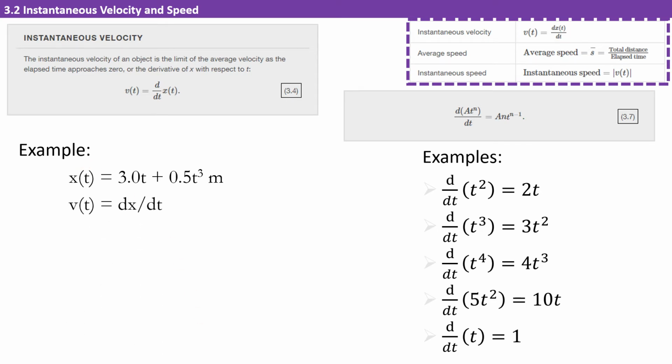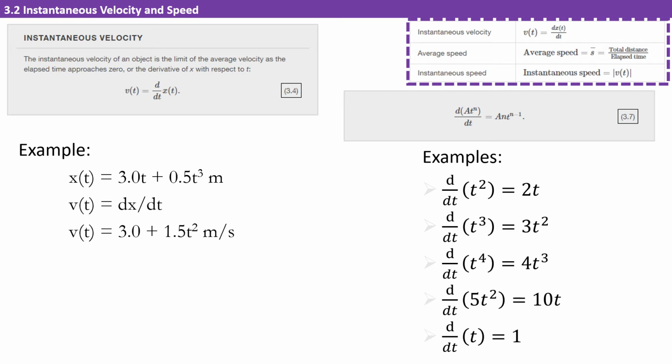So moving on, what we can do is remember that velocity is basically, as we can see here to the upper right, the instantaneous velocity is d by dt of x, which is a function of time. I've written it a little bit differently over here. You can see that I've written it in one line rather than a ratio one over the other, but the meaning is the same.